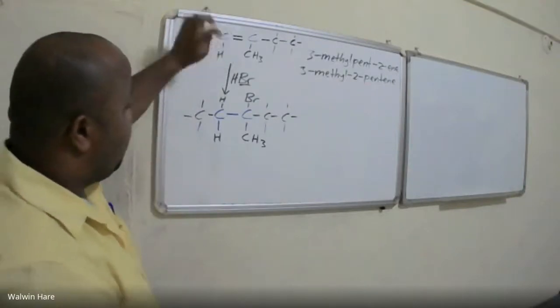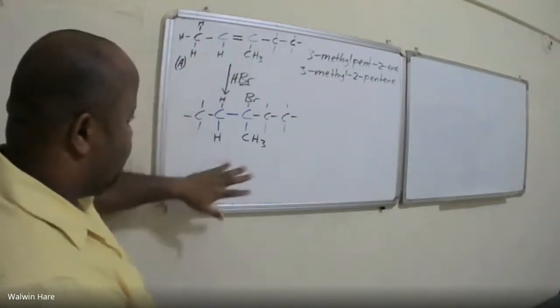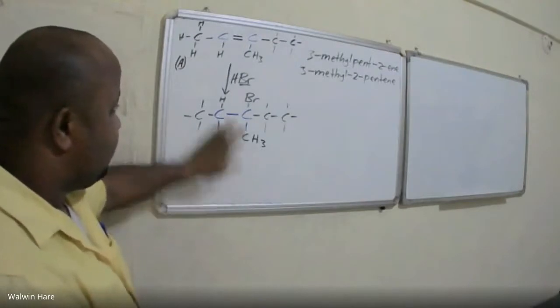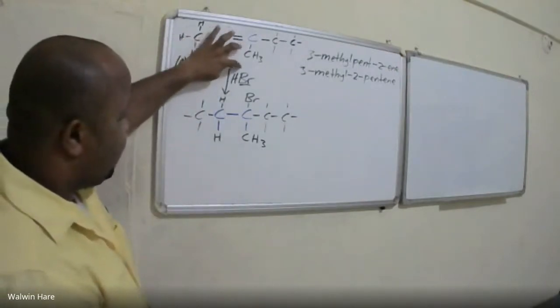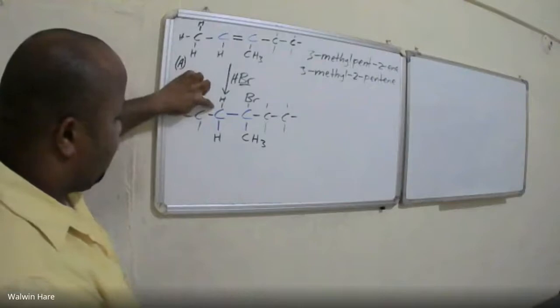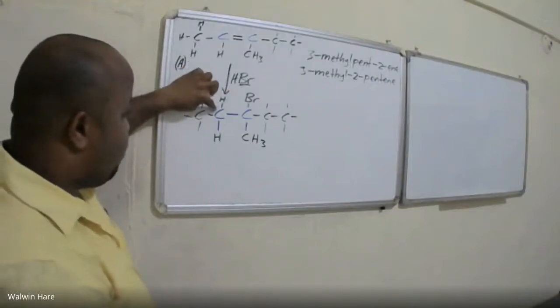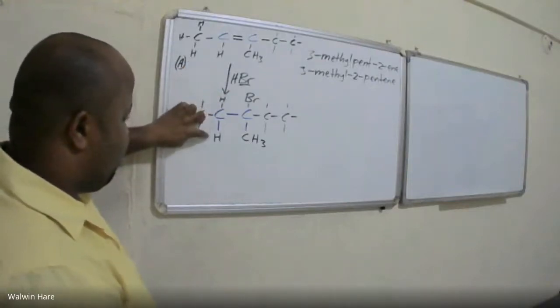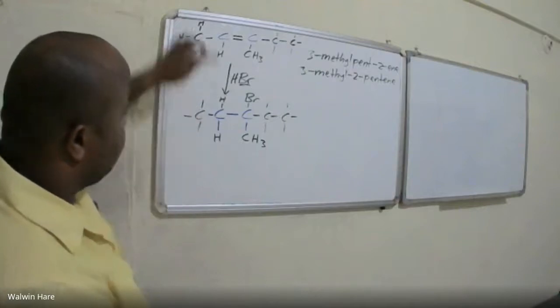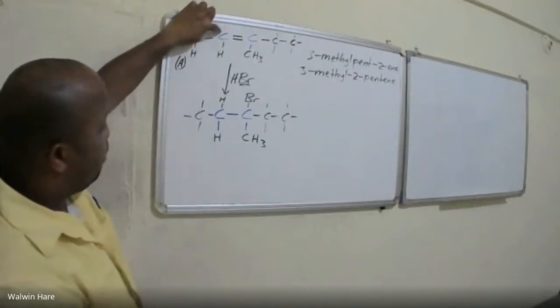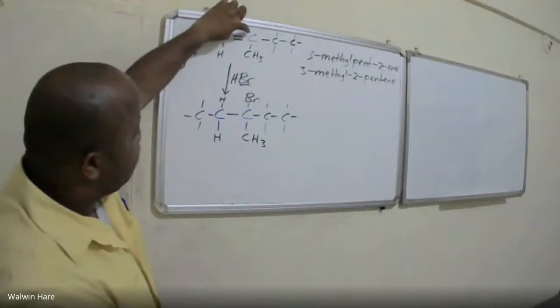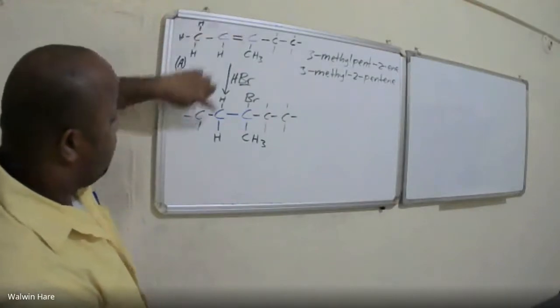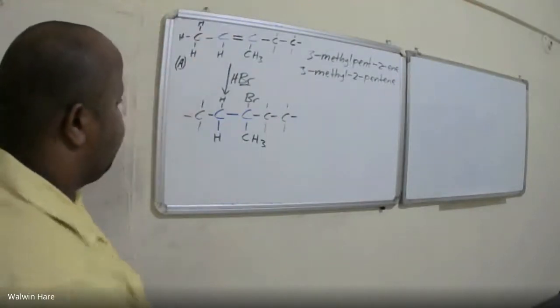So in the addition of a hydrogen halide to an alkene, the hydrogen of the hydrogen halide goes to the carbon of the double bond bearing the more hydrogen. So clearly, this carbon of the double bond has more hydrogen than this carbon. So that is where we put the hydrogen.